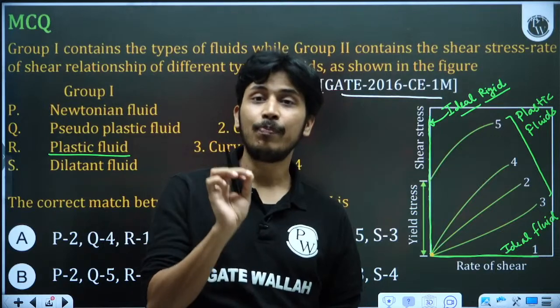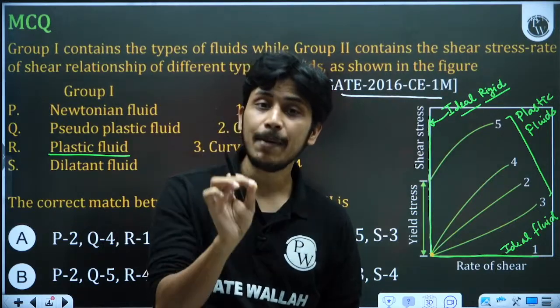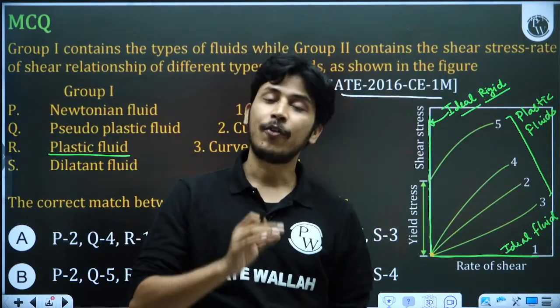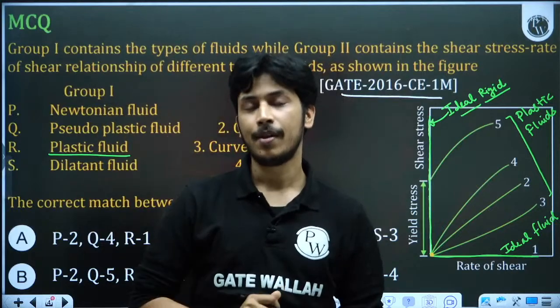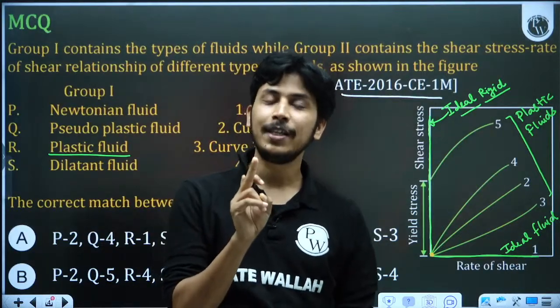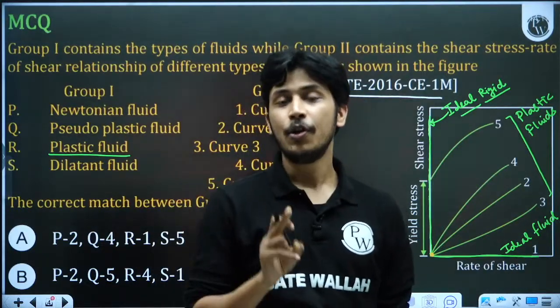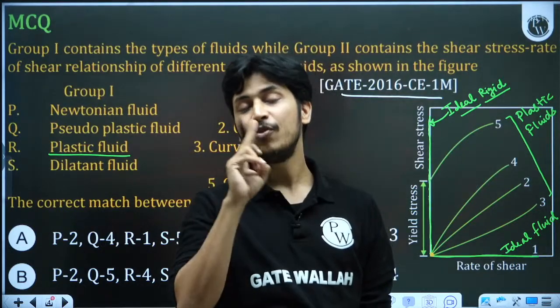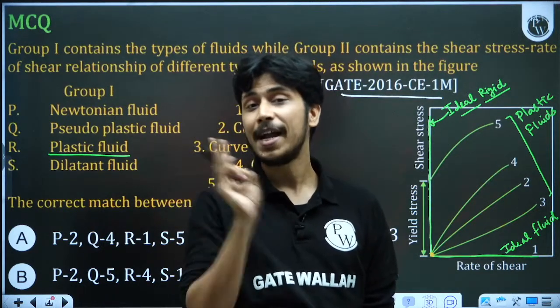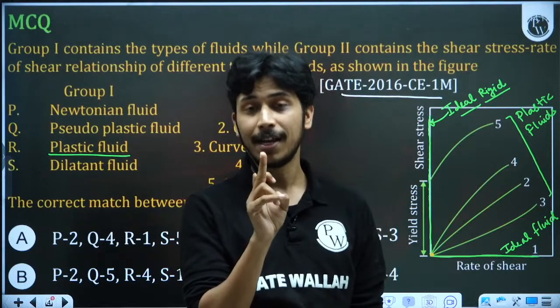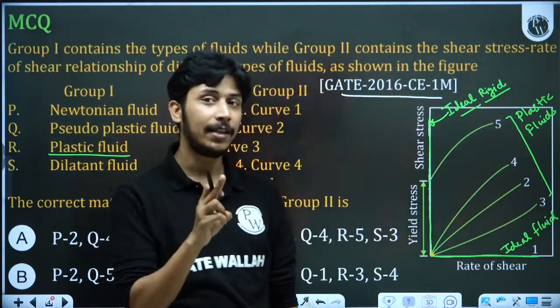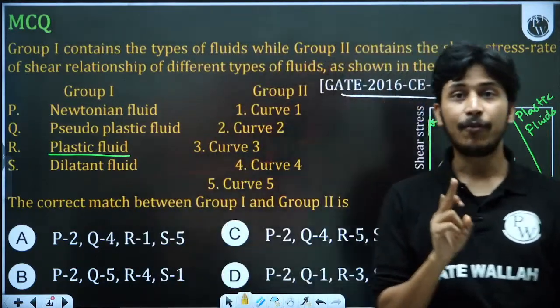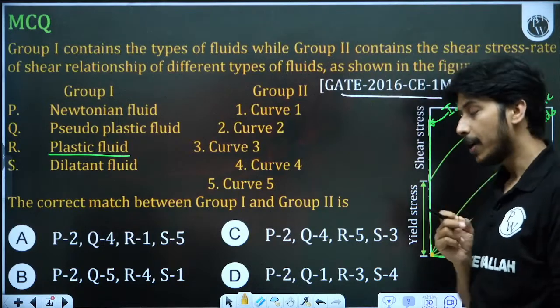I have told Bingham fluid is ideal plastic. You have removed that word ideal from there. I have also told in the last class, whatever I am teaching you, please don't remove any word or add any word, otherwise you will be confused. I have told Bingham plastic is ideal plastic, okay?